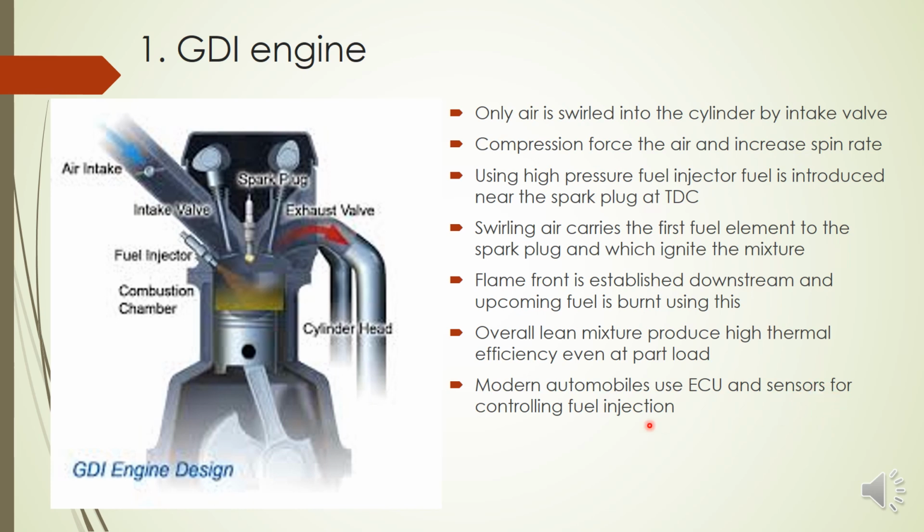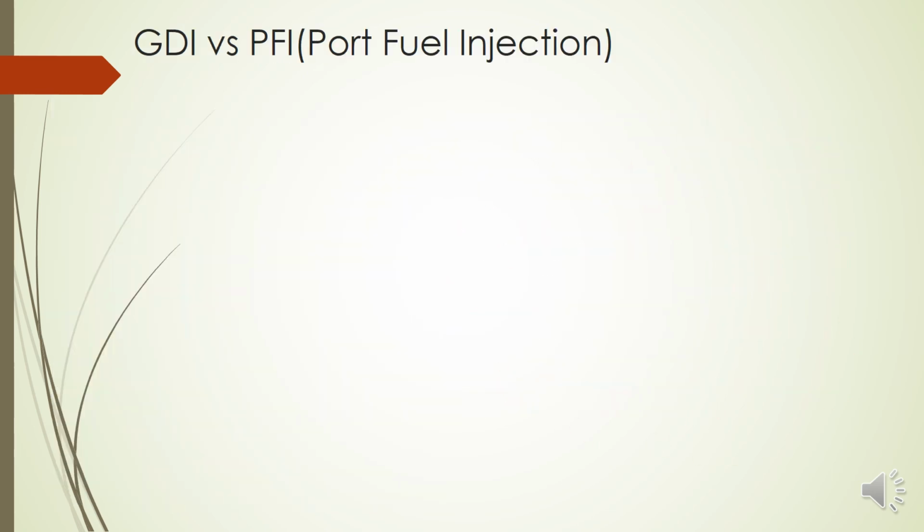Sensors will be there for receiving different inputs, for example, oxygen availability, vehicle speed, etc. Different sensors are used, and they will combine the signal and give some output signal to this fuel injection. So like that, this is a GDI engine, gasoline direct injection engine.